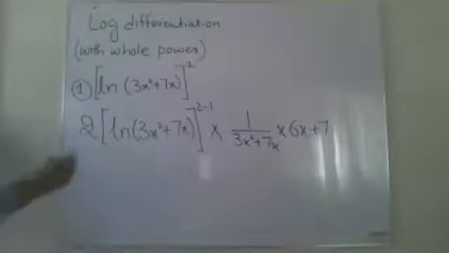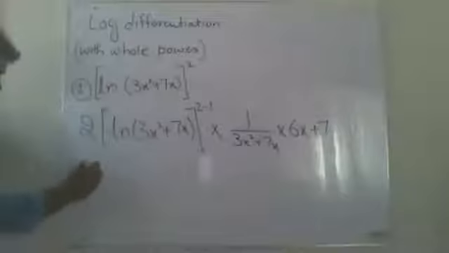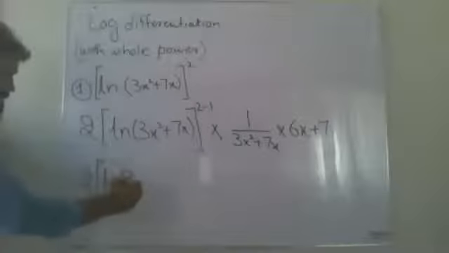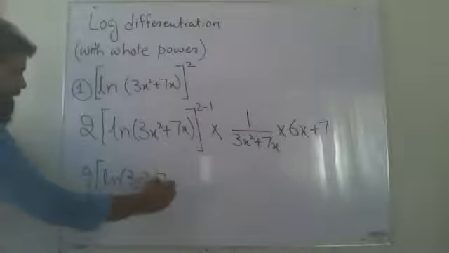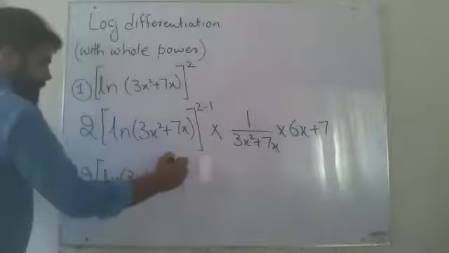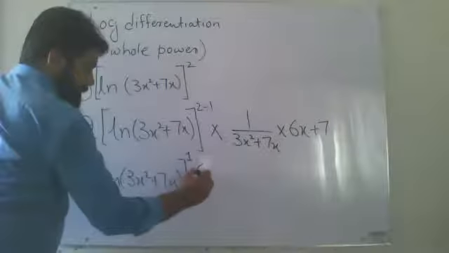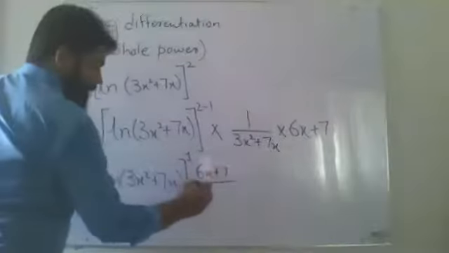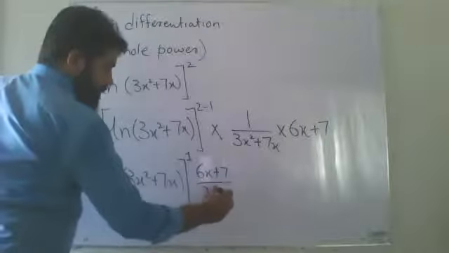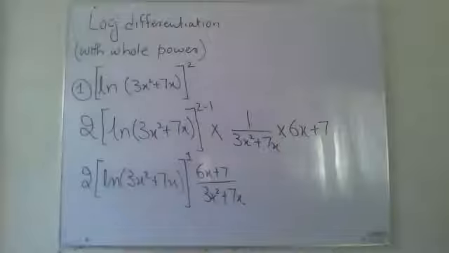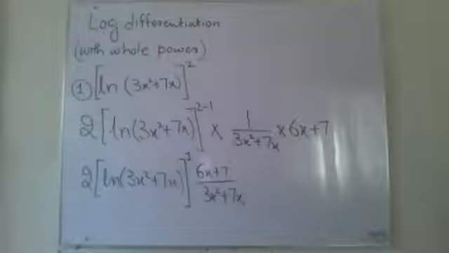Okay, so when I simplify this, 2 ln(3x square plus 7x), power 2 minus 1 will become 1, and this thing will be 6x plus 7 over 3x square plus 7x. If you want to simplify it further by multiplying, you can. Otherwise, you can leave it here and that will be your answer.